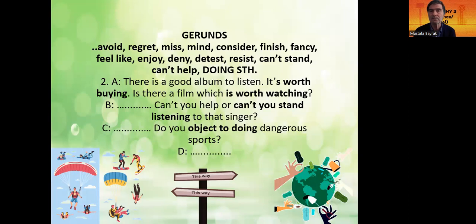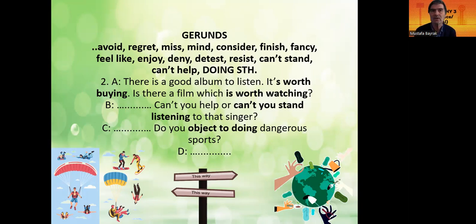For example, I fancy eating watermelon today. I fancy eating. Yeah, I fancy eating watermelon today. Or the same message, almost 100%: I feel like, okay, I feel like eating watermelon today.